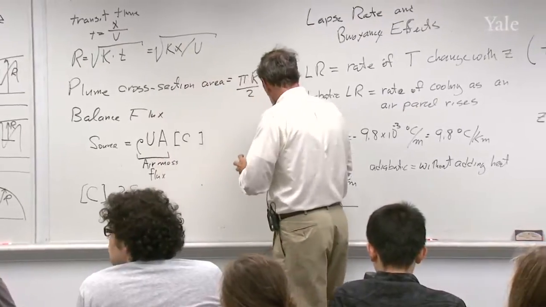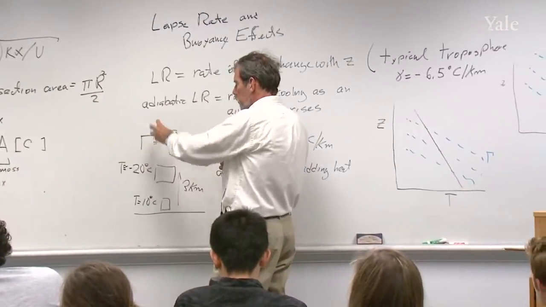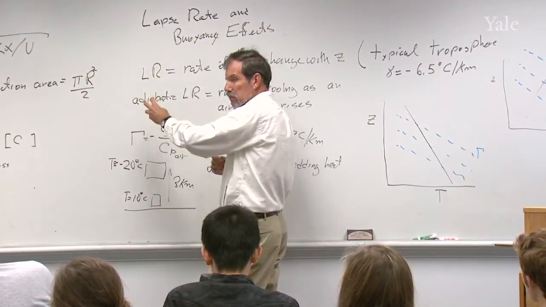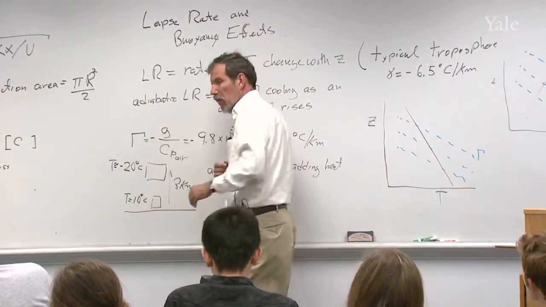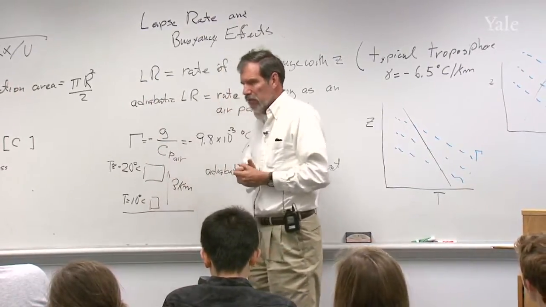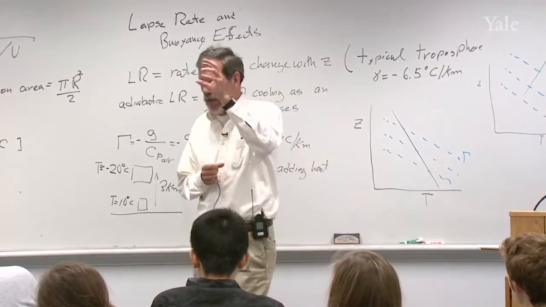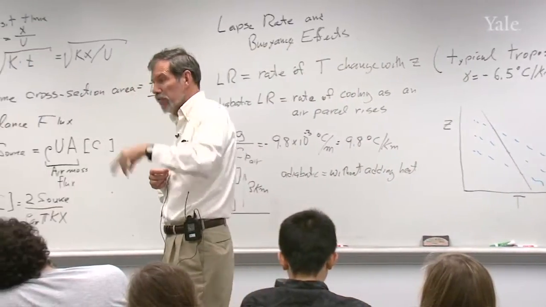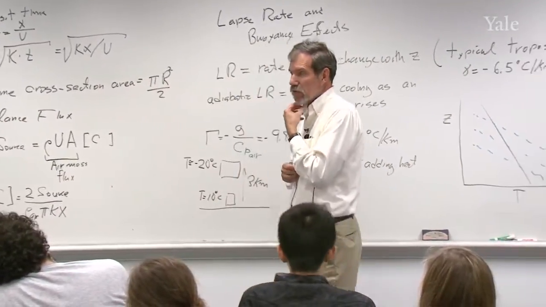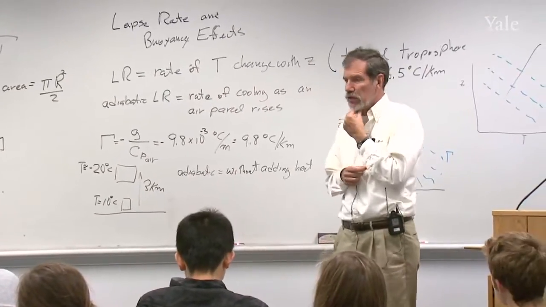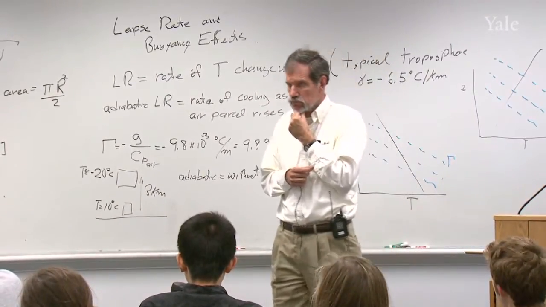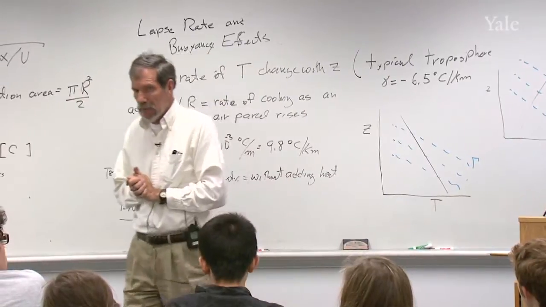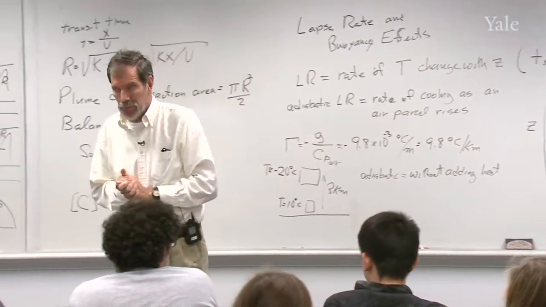I could start at any elevation and move it to any other elevation. So this is independent of where the ground was. I just happened to give you an example with the ground. Just a 3 kilometer lifting, no matter where you started, would give you an approximate 30 degrees Celsius cooling. Questions on that?